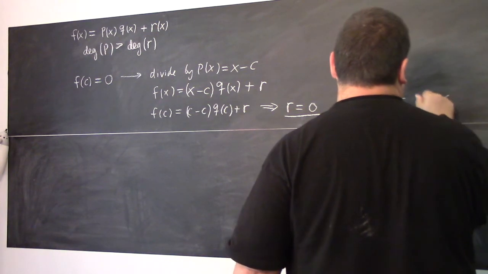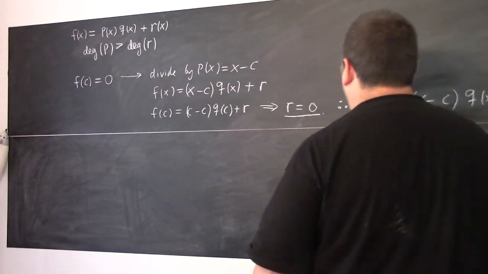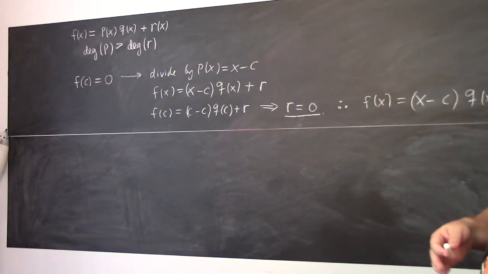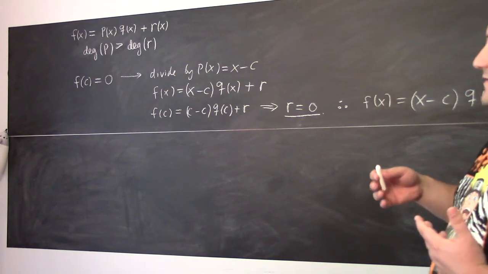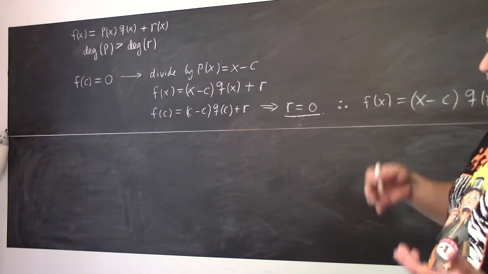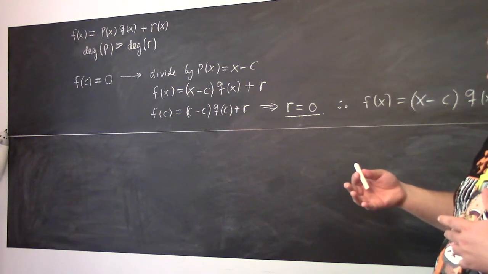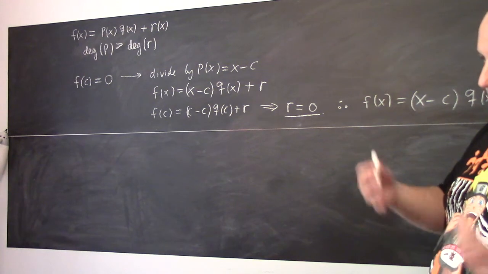Therefore x minus c factors. But the remainder theorem is sort of a precursor to that. The remainder theorem says if you divide a polynomial by x minus c, the remainder is f of c. That's the remainder theorem.